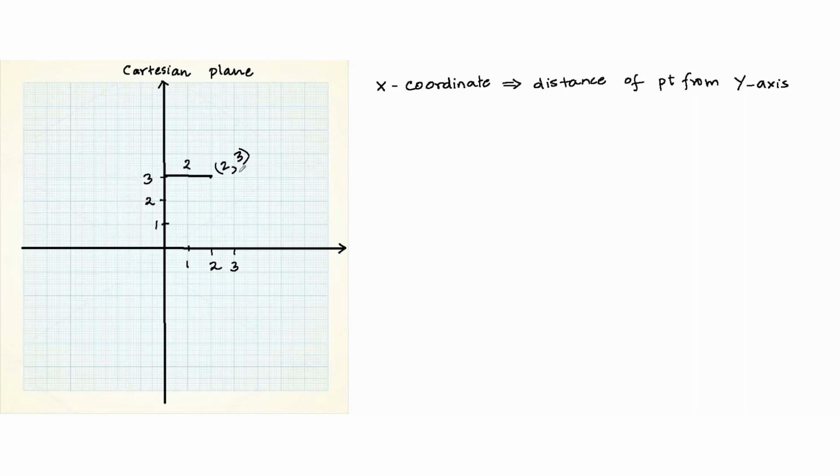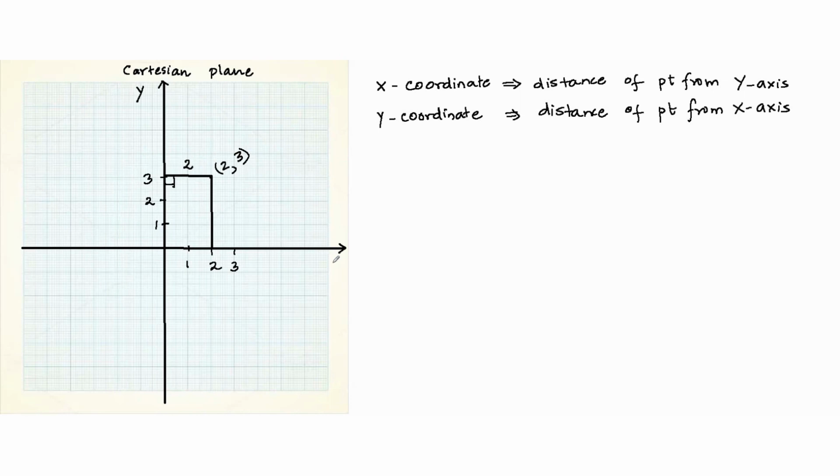So this distance is 2, and the y coordinate of a point is the distance of the point from the x-axis. Now when I say that these are the distances, they are the perpendicular distances or the shortest distances, right? So this is the perpendicular distance, 2 is the perpendicular distance from y-axis.